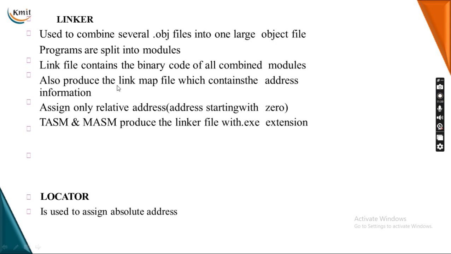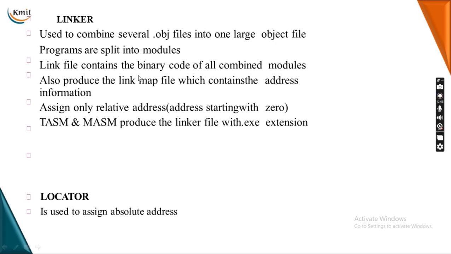It also produces the link map file, which contains the address information. It assigns only relative addresses. TASM or MASM, these are the different companies' assemblers, and the linker produces the file with the .exe extension.